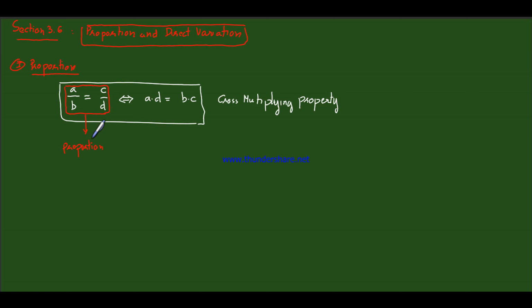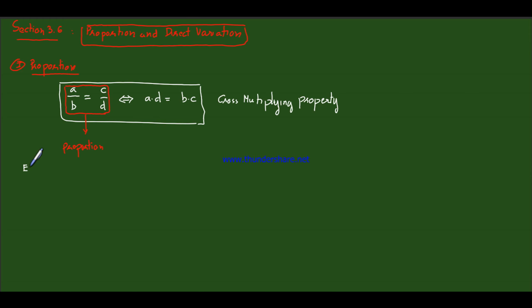We don't have three fractions, we don't have four fractions. We have only two fractions, and between them is an equal sign. Then we call it proportion. So I can say the proportion is nothing but two equal fractions. That is proportion. I can give you a quick example of proportion.